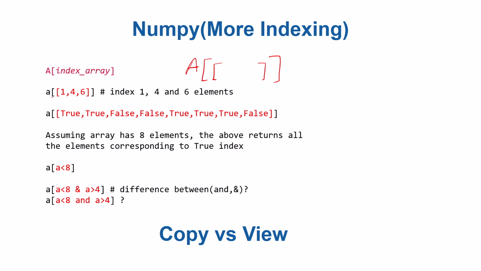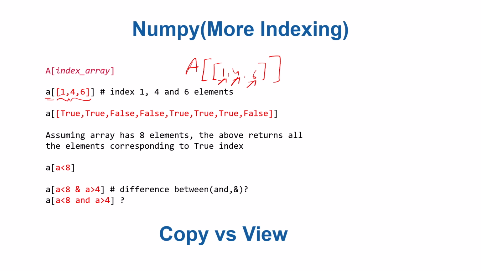For example, let's say A is a one-dimensional array, and then we just give 1, 4, 6. That means pick the element at index 1, pick the element at index 4, pick the element at index 6. So this kind of array inside can be a list or an array that is called an index array. And you can just pick the elements that you want to pick.